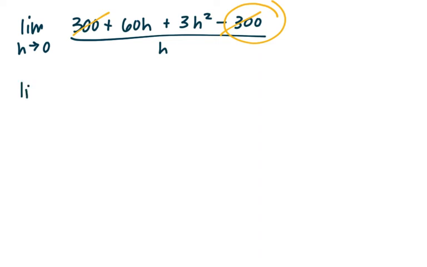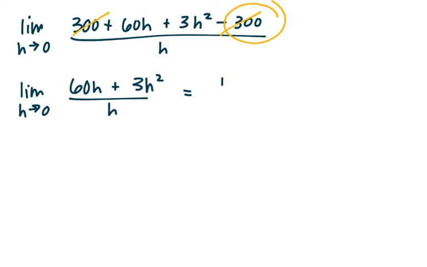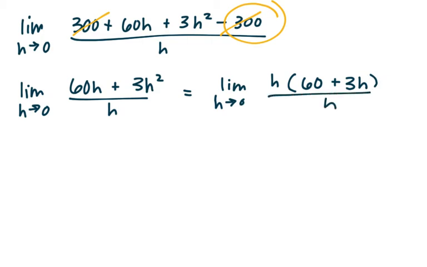So now I have the limit as h goes to 0 of 60h plus 3h squared over h. You'll notice that all of my terms have an h, so I'm going to factor an h out in the numerator. That's h times 60 plus 3h, all divided by h.